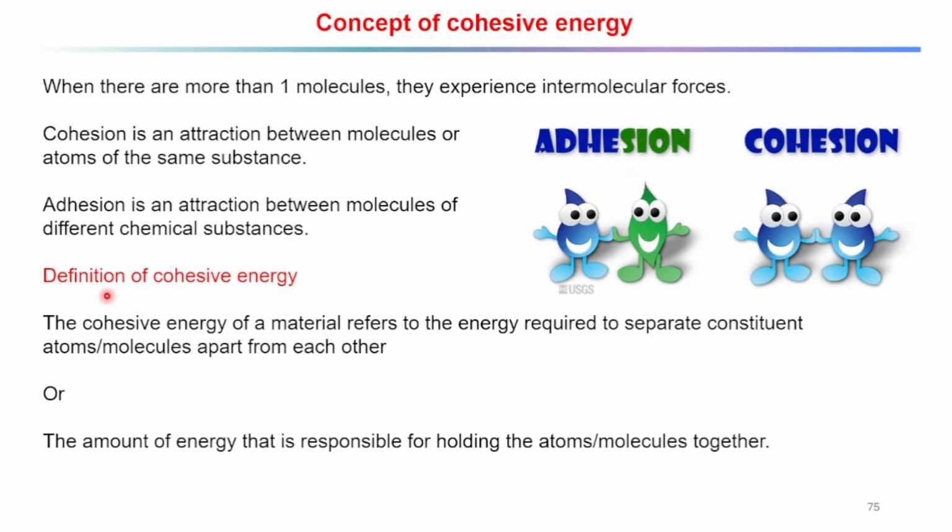Now let's see the definition of cohesive energy. The cohesive energy of a material refers to the energy required to separate constituent atoms or molecules apart from each other, or the amount of energy that is responsible for holding the atoms or molecules together. So here I will try to draw.